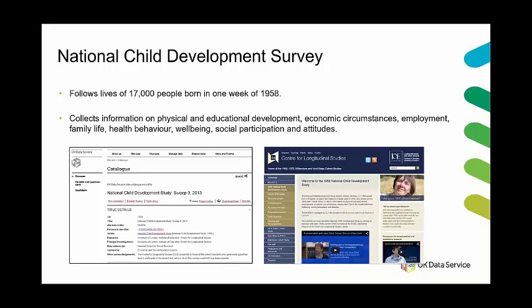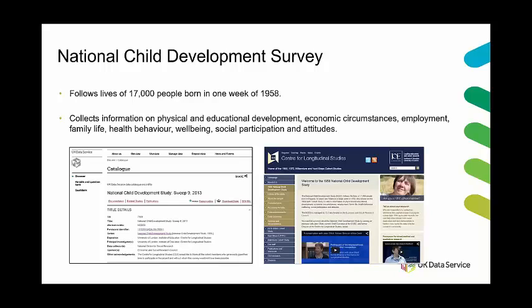The first survey was done starting when participants were just 7 years old. By this point, the information collected is absolutely comprehensive. So it includes information about their physical development and education, the economic circumstances of their parents and family, the employment, their own health and well-being, their social participation.